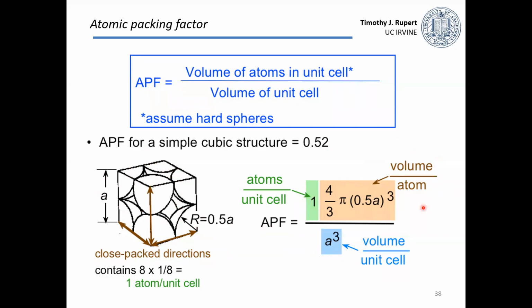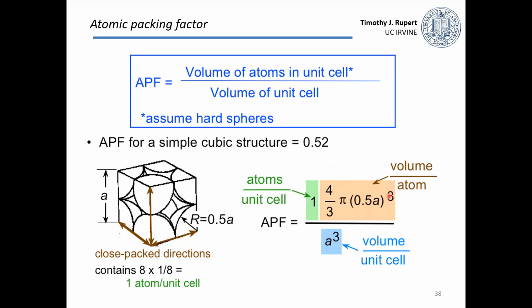The volume of that atom is going to be 4/3 pi r cubed. Now we don't want to leave it in terms of r. We want to put it in terms of A, the dimensions of that unit cell, okay? We mentioned that these atoms are touching, so one length A of that unit cell is going to be equal to 2 times r.